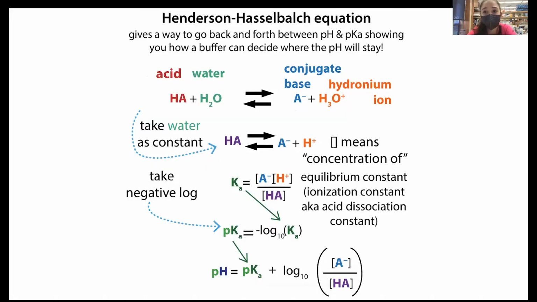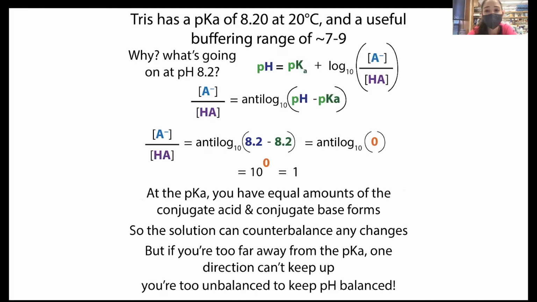Here's that Henderson-Hasselbalch equation I was talking about. If you visit the blog version, there's a lot more, and there's a bunch of videos online about this, so I don't want to try to explain it too much, but it kind of just makes sense if you look over the math about why this is happening.